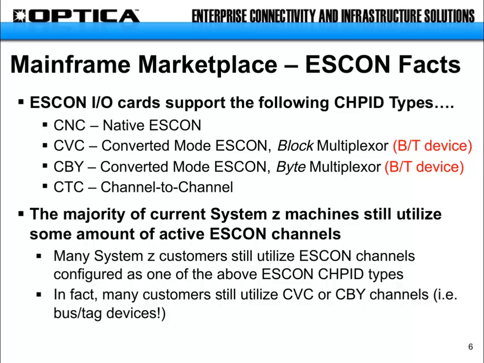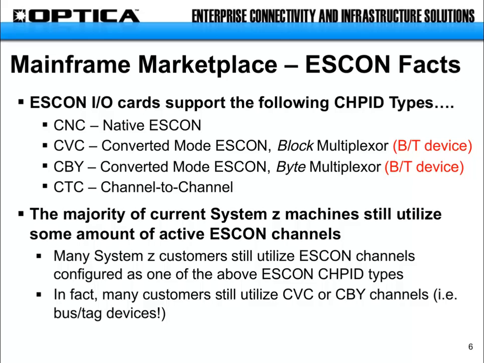Obviously, CNC or native ESCON is the most prevalent, and certainly if you're on this call and you're interested in this webinar, you most likely are running native ESCON channels today, chiplet type CNC. But there are 3 other types. The next 2 in the list here, CVC and CBY, actually represent a converted ESCON channel type.